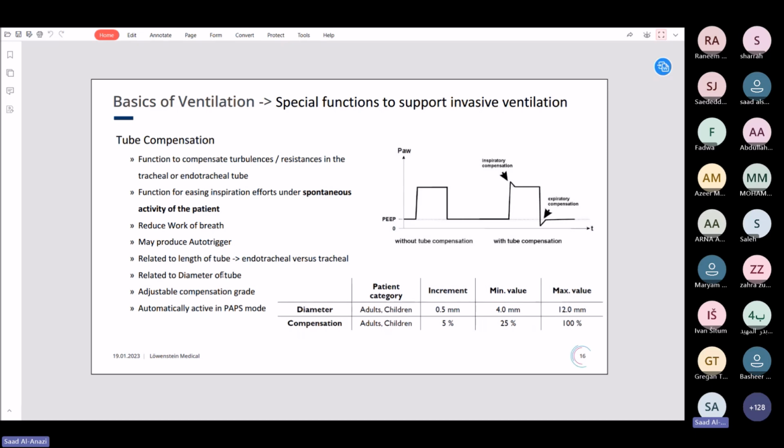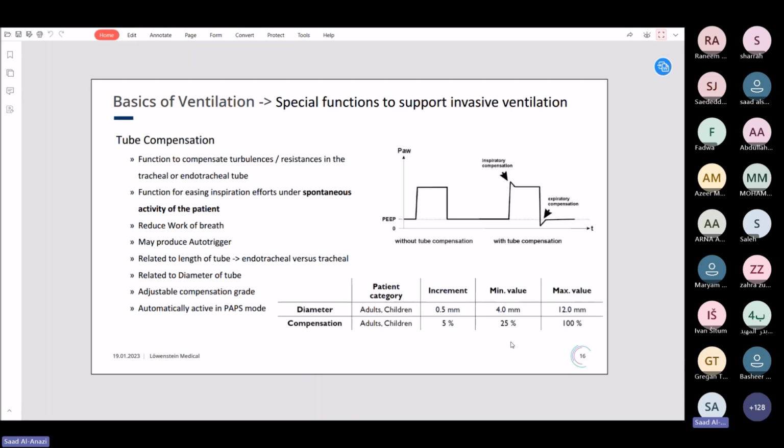Also, related to the diameter of the tube, you have a window from 4 millimeters for the endotracheal tube up to 12 millimeters. You can also adjust the compensation, starting from 25% up to 100%.